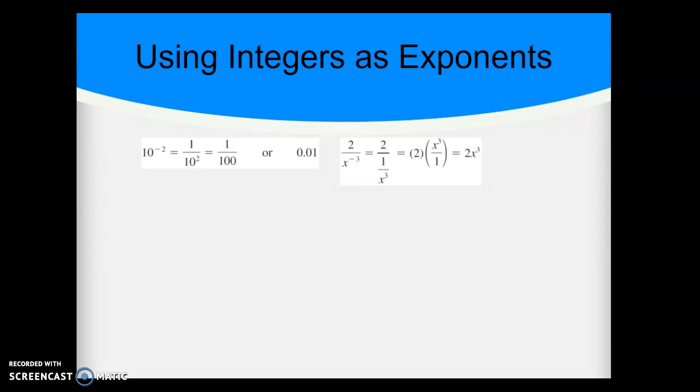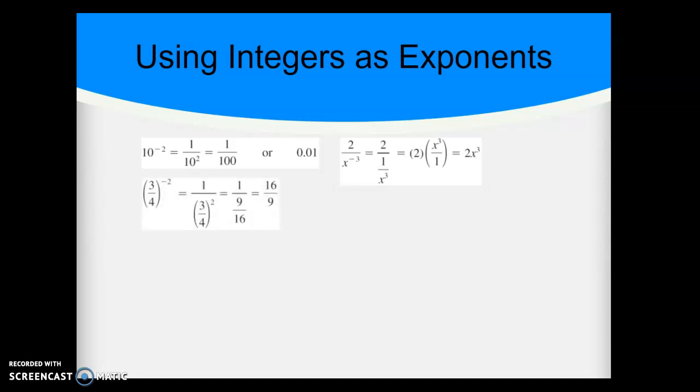So to flip it, you can just move the x to the top, and then the exponent becomes a +3. You can skip this middle step, which can be confusing for some of us. 2 divided by 1 over x to the third is the same as 2 times the reciprocal of that. So that just ends up being 2x cubed. Notice we did nothing with the 2. It stayed put because it didn't have a negative exponent.